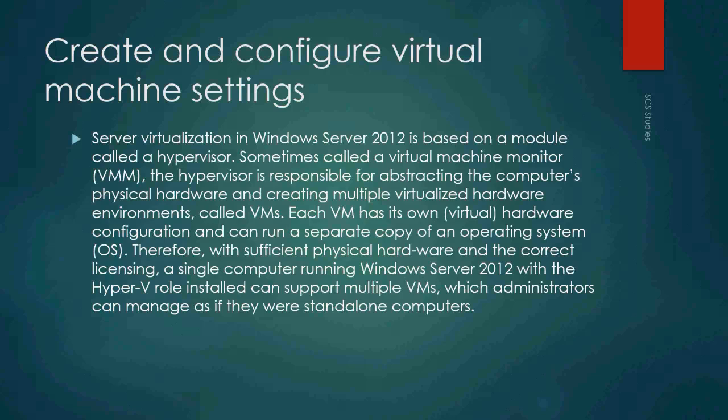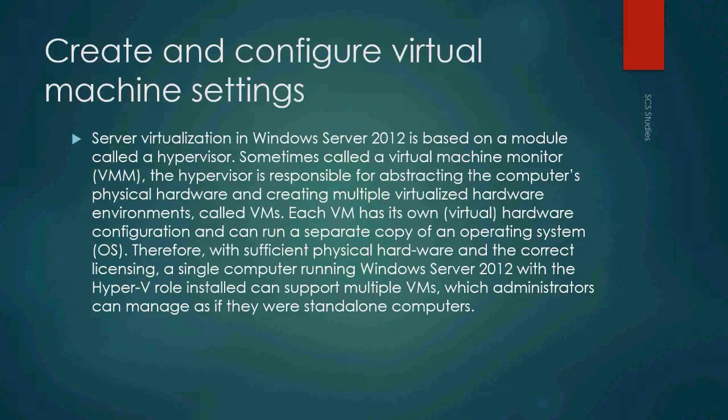So in the first topic, let's discuss how to create and configure virtual machine settings. In this slide, server virtualization in Windows Server 2012 is based on a module called Hypervisor.